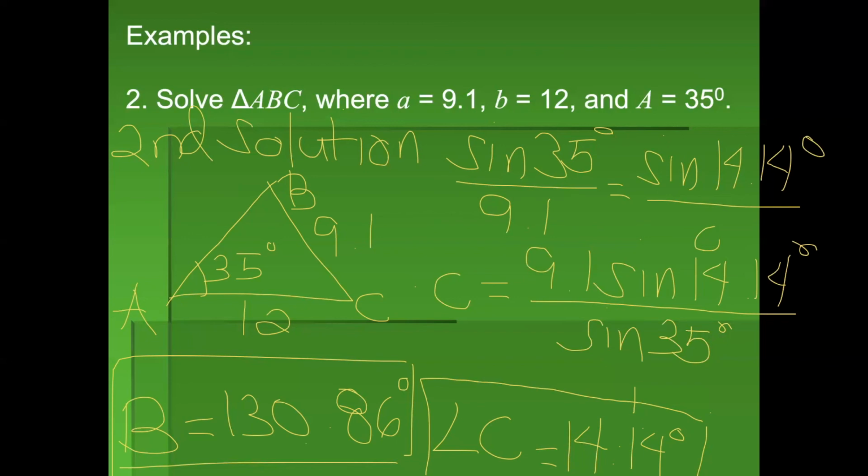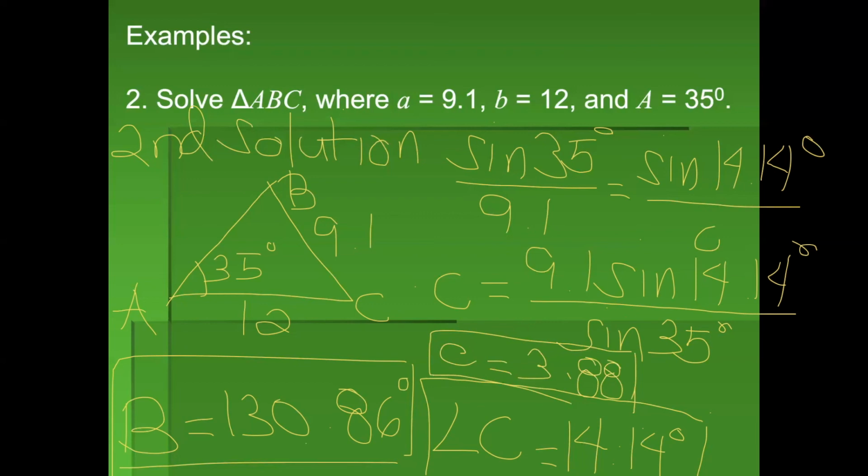Therefore, the length of side C is 3.88. And that is now the dimensions of the second triangle.